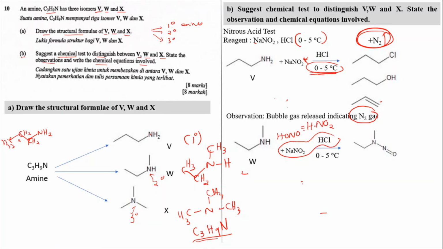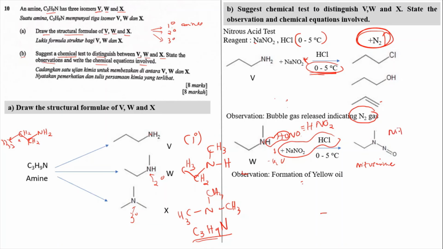The H and OH are going to be removed as water, and then the N and O can be joined together, and this creates a yellow oil, known as the nitrosamine molecule.